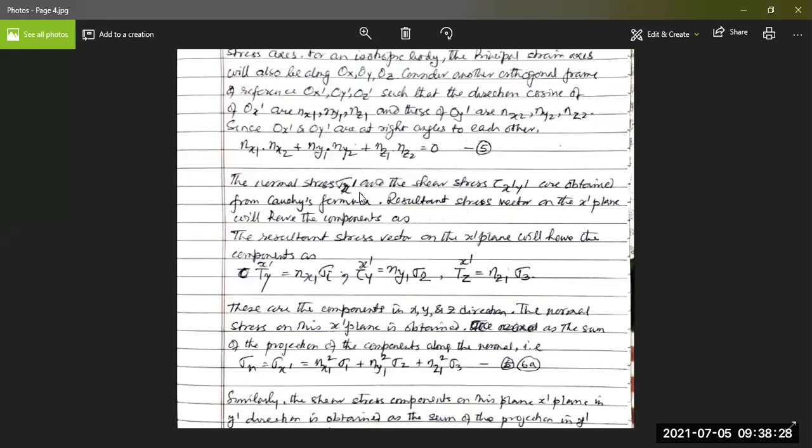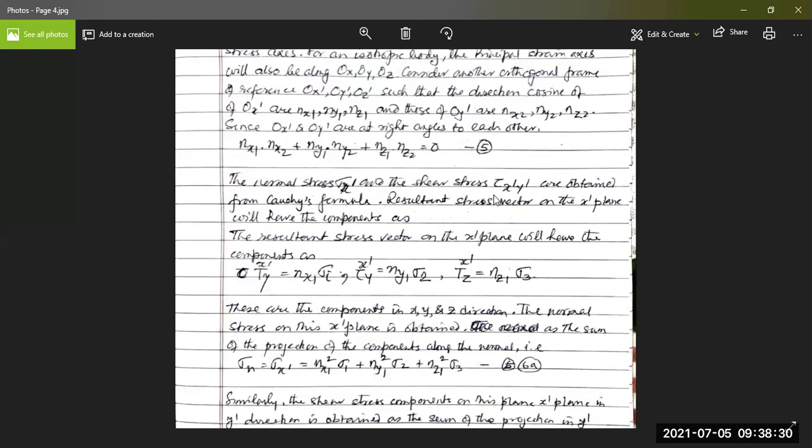Now, the normal stress sigma x dash and the shear stress tau x dash y dash we have obtained from Cauchy's formula in the stress analysis itself.